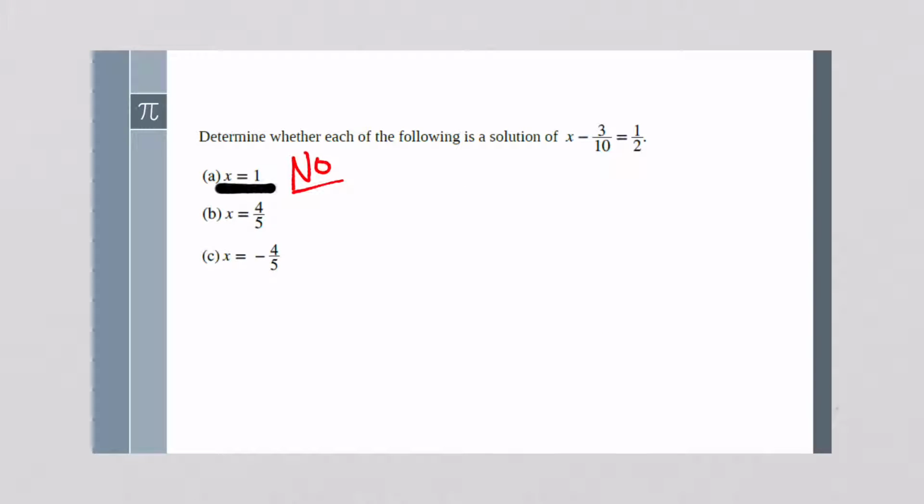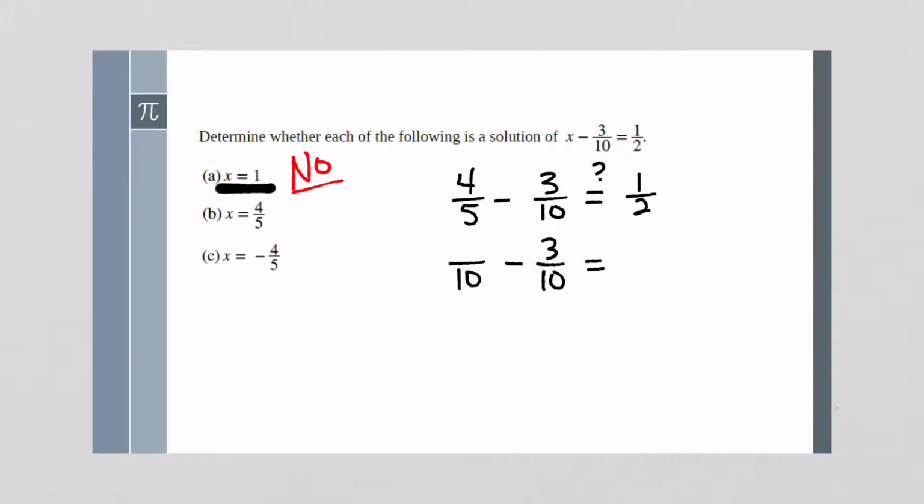Okay, on the next one, we're going to put 4/5 in where we see x. So 4/5 minus 3/10, does that equal 1/2? I'm going to try to find a common denominator here. A common denominator between 5 and 10 is 10. I don't need to change the 3/10, but 4/5 has now turned into 8/10. 8/10 minus 3/10 is 5/10.